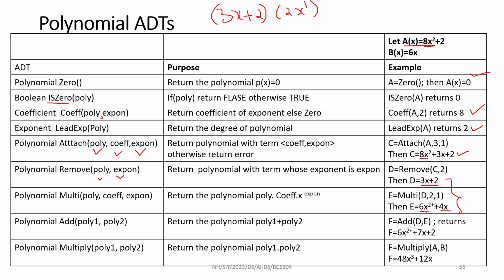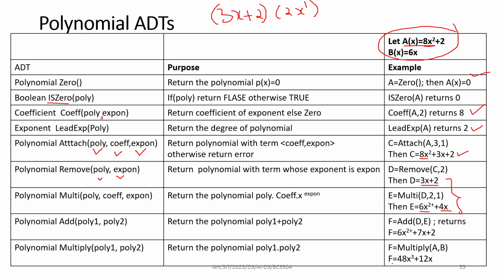The answer will be, D and E can be multiplied, sorry, here A and B multiplied. 6 into 4, 48x cube, plus 6 into 2, 12x. These two are multiplied.